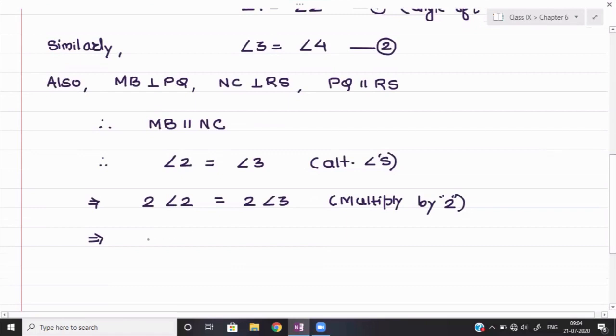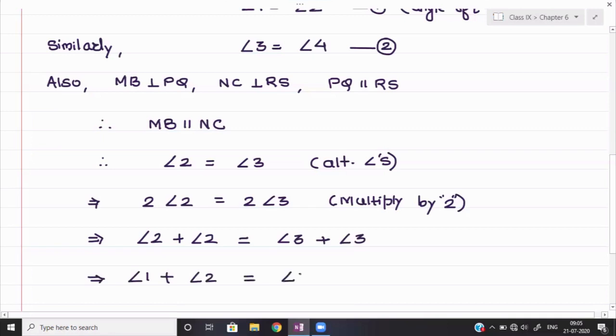Now twice angle 2 I can write as angle 2 plus angle 2, because again it becomes 2 times angle 2, and in the same way this I can write as angle 3 plus angle 3. Now in place of one of the angle 2 I can replace it by angle 1, and one angle 2 I can keep as it is.